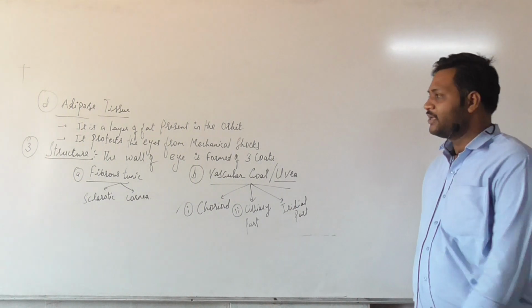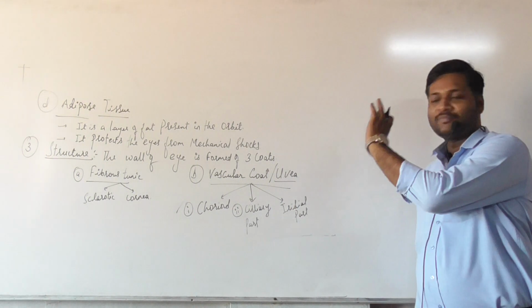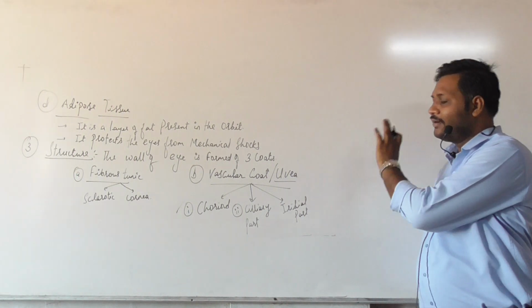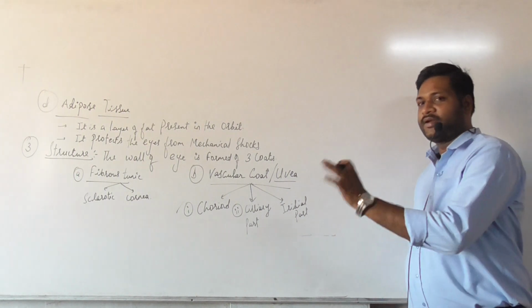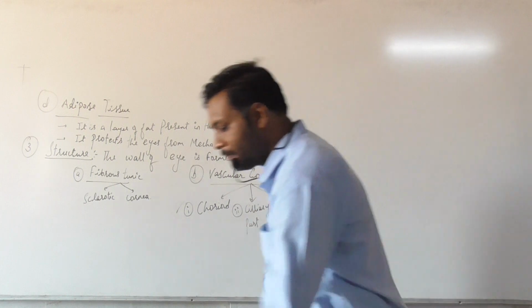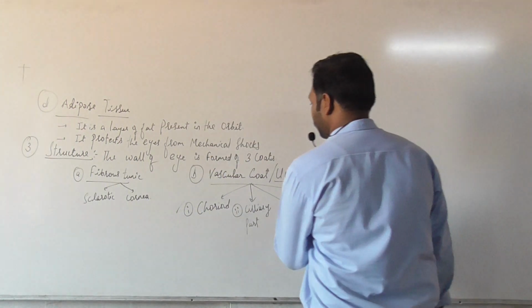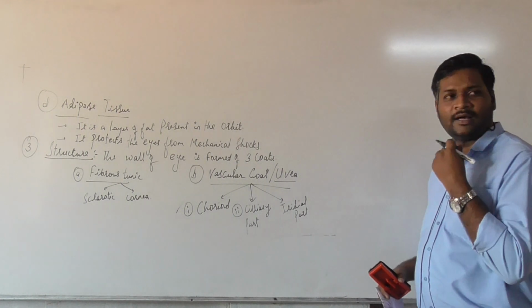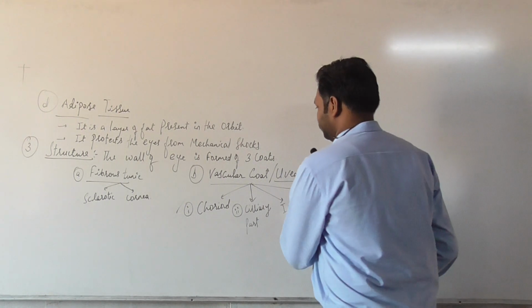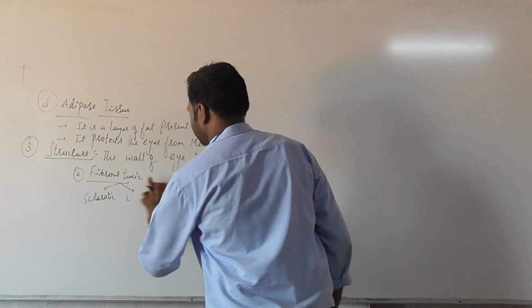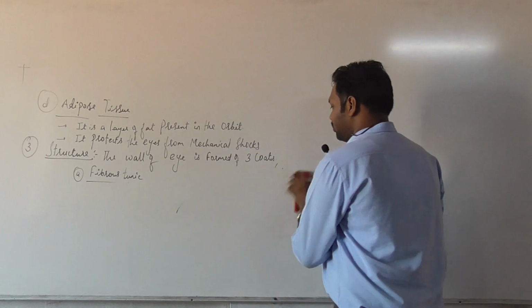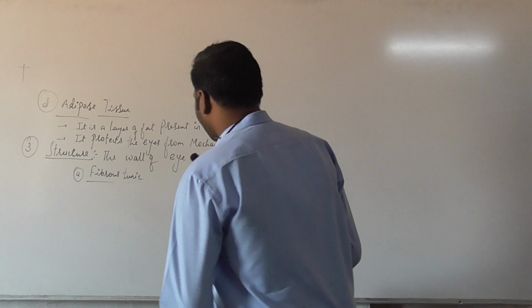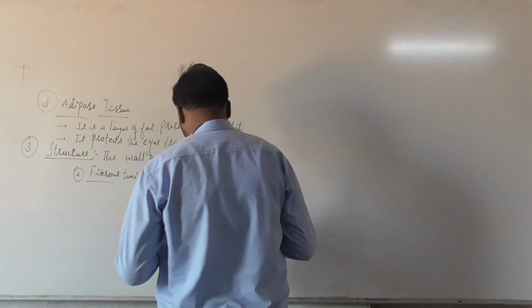Third coat also we'll see. So let's start with the fibrous tunic and vascular coat. Later we'll see about the third one. So, have you done with this? So the first one is the fibrous tunic.